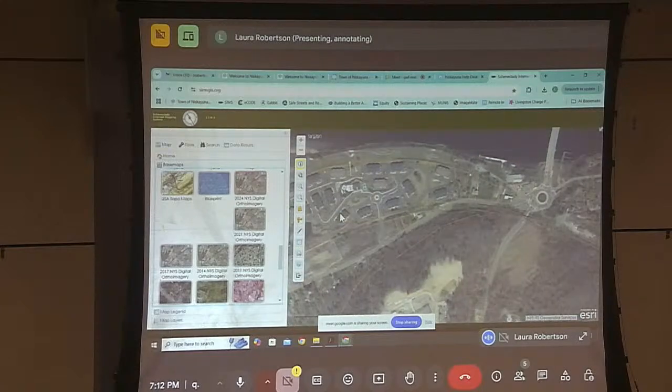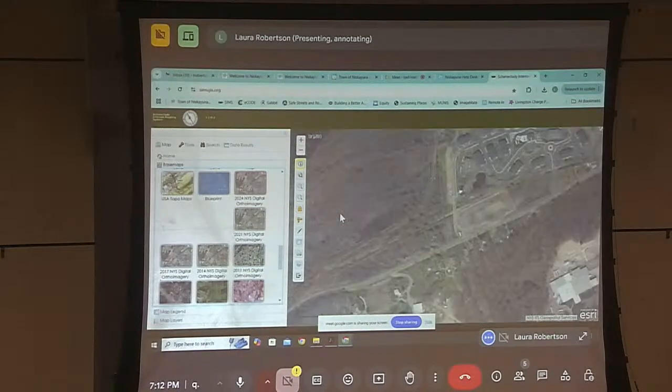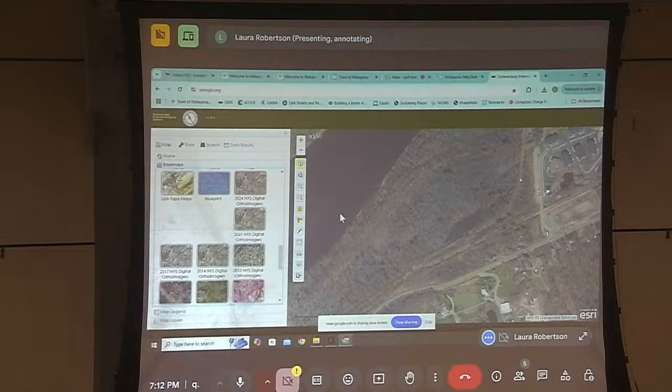Well, let's start here. Here's the traffic circle, boathouse, and the park. Here's Rivers Ledge. This is the property that we're talking about right here.